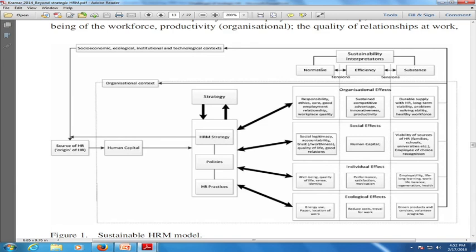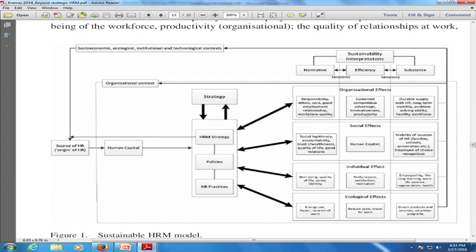Now, the normative interpretations of sustainability have some organizational effects, and these are responsibility, ethics, good employment, care, workplace quality, etc. These are the organizational effects: if you do things right, all of these things can be catered to.